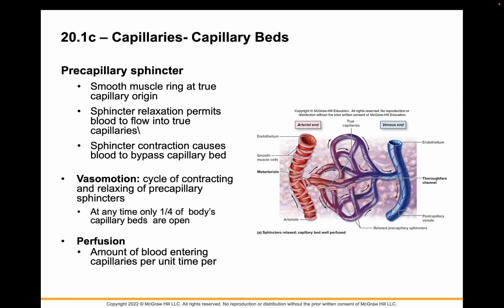So if we think about what's happening here as far as vasomotion, this is a constant cycling of contraction of these precapillary sphincters. And at any point in time, only about a quarter of the body's capillary beds are open. And keep in mind, this is where perfusion comes into play. It's the amount of blood that's entering capillaries per unit of time.